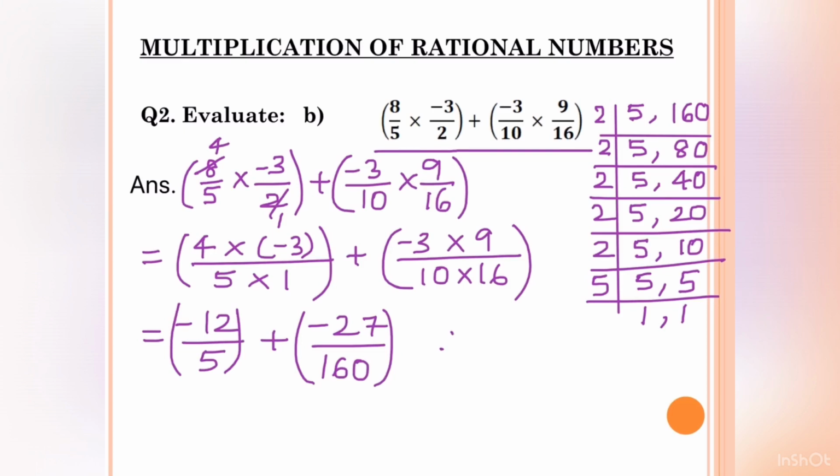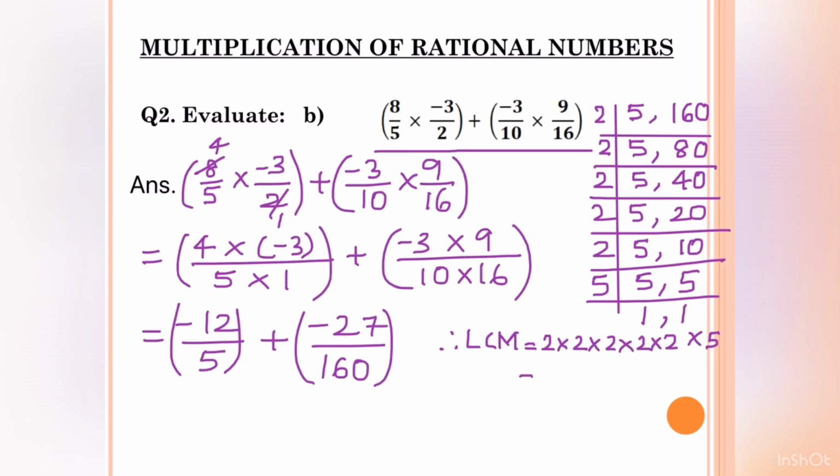Therefore, LCM is equal to 2 times 2 times 2 times 2 times 2 times 5. Let's multiply this.